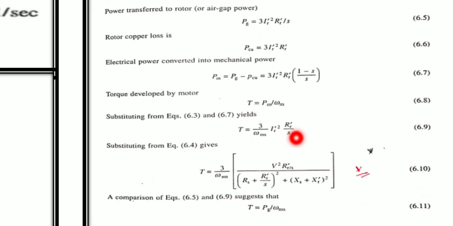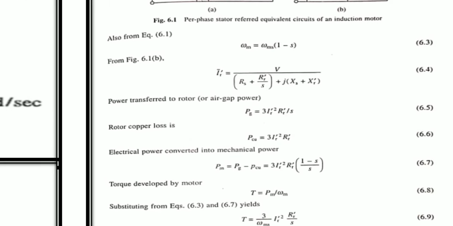Once we got the torque, now what we have to do? This torque we got as T is equal to, call this equation 6.9. Now torque T is equal to 3 divided by omega ms I_R' square. So we know the formula for I_R', is it right?